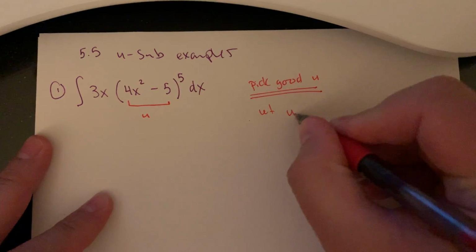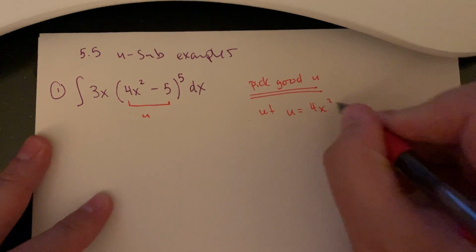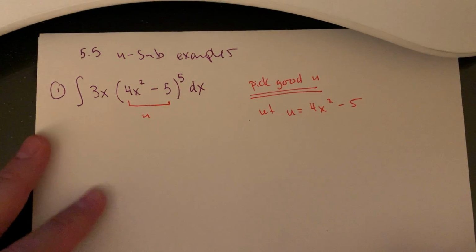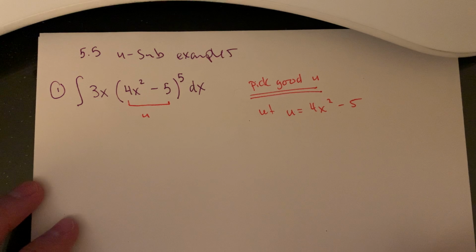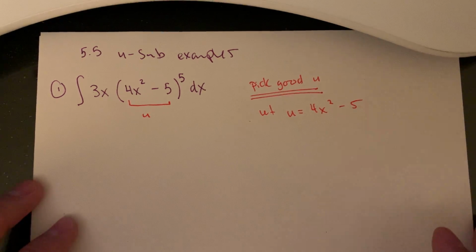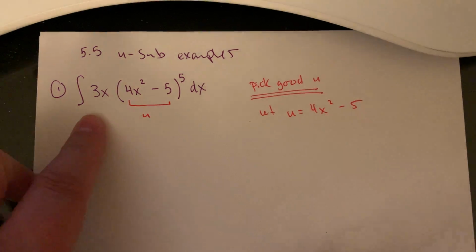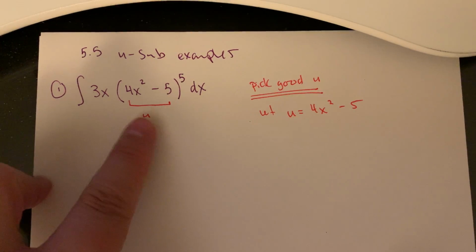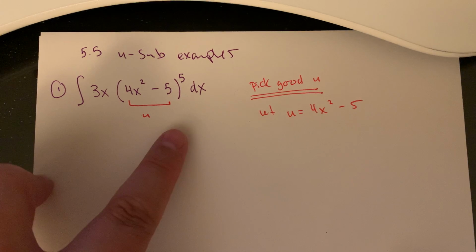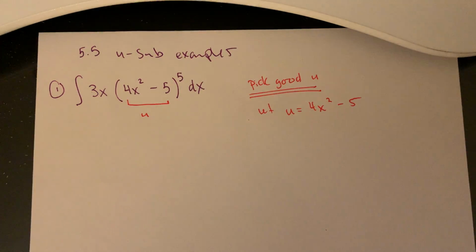So let's let U equal 4x squared minus 5. Honestly, if we're going to make up new variables, we can have them stand in for any piece of this we want. I could let W equal 3x. I could let Z equal 5. And then this is 4x squared minus Z raised to the Z. Now, those things are just random.